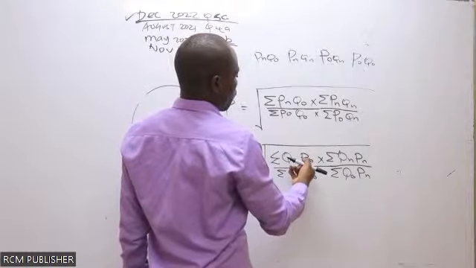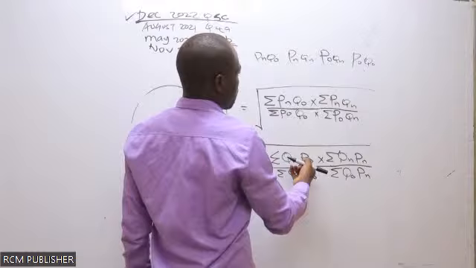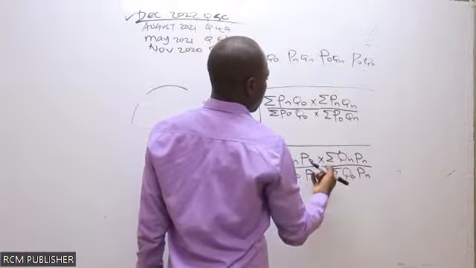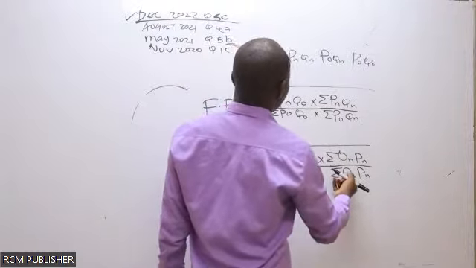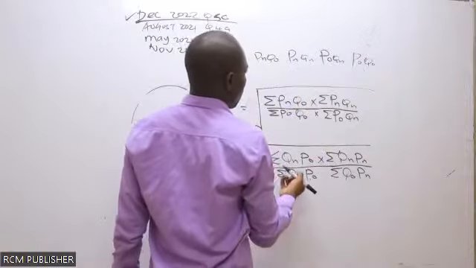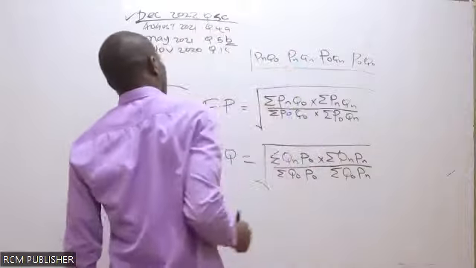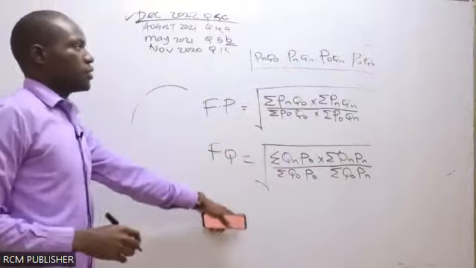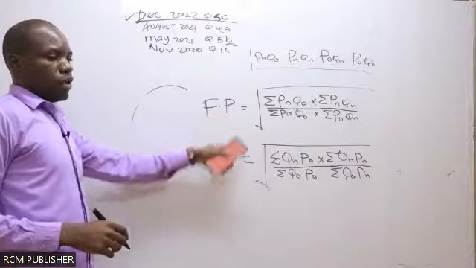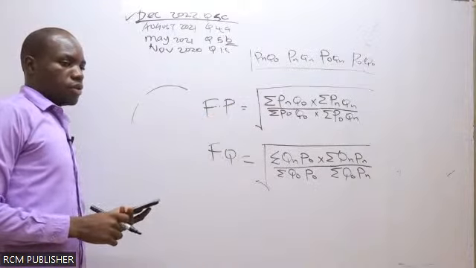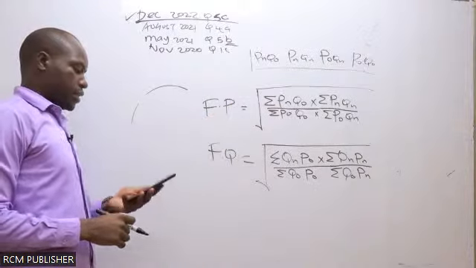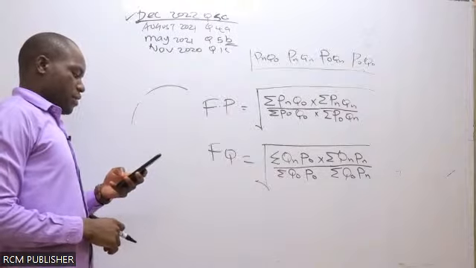Qn, Q0, we've taken that. Pn, Qn, we've taken that. Q0, Pn is here, then Q0, P0 is there. So once you have these four, you'll be able to calculate this. I believe that is okay.